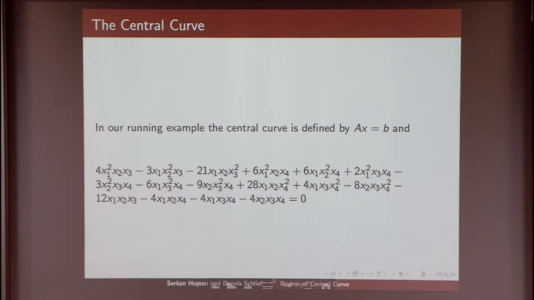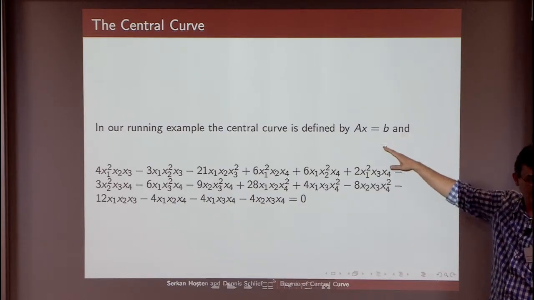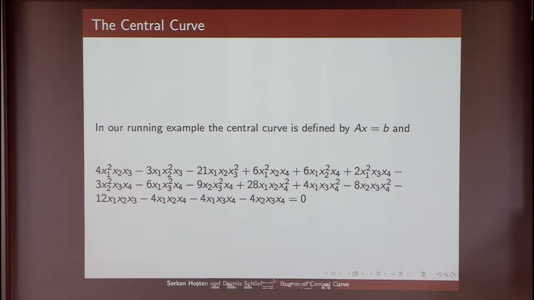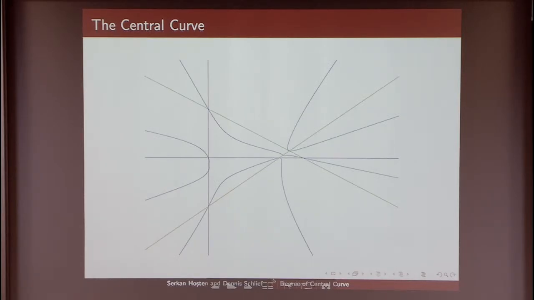In our running example, n was equal to 4 and d is equal to 2, so 2 equations and variables. The central curve, after you do this projection, will be defined by the linear equations Ax equal to b and one extra polynomial of degree 4. And you see the real picture of the curve.